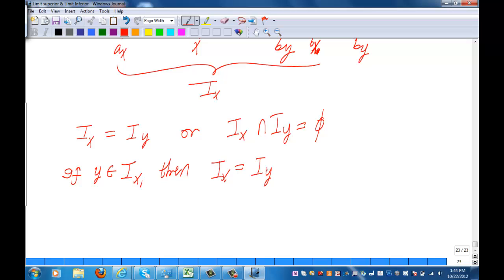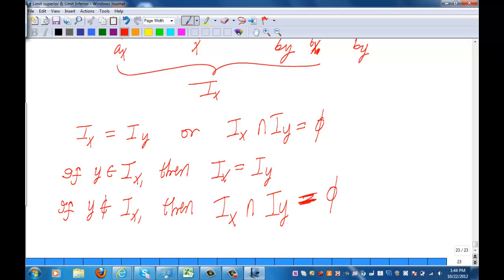Similarly, you can argue that if Y is not in Ix, then Ix intersected with Iy, they don't intersect. The argument is very similar. If you think that there is an intersection, then because of the way you defined Ax and Bx as infimum and supremum, it's going to contradict that idea.